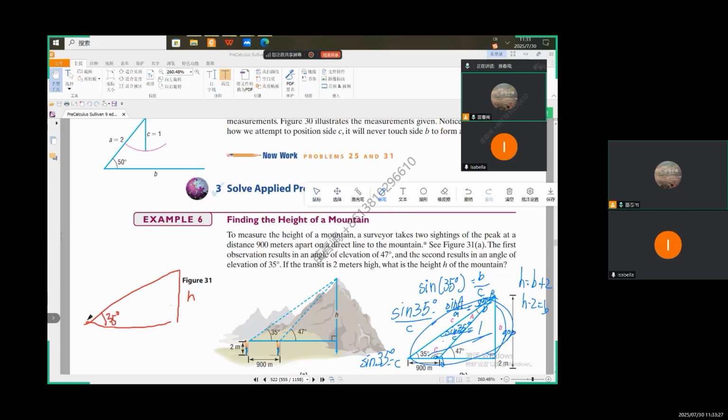If only I knew this length, let's mark it C. But it's a little difficult to find since we don't really know anything in here. The more things we know are actually in this 900 triangle. Here's A, what's this? It's probably better to use it, because we know more about this triangle.